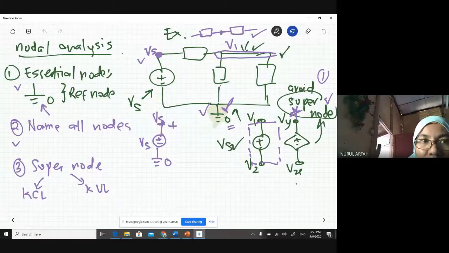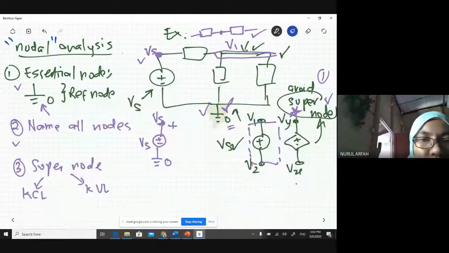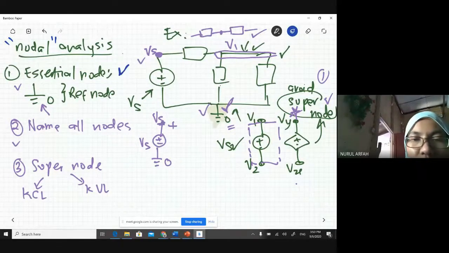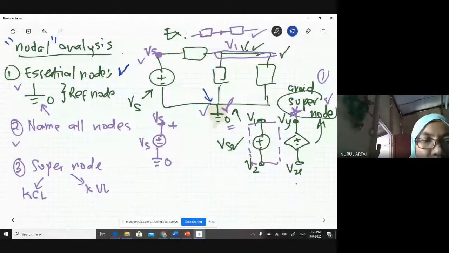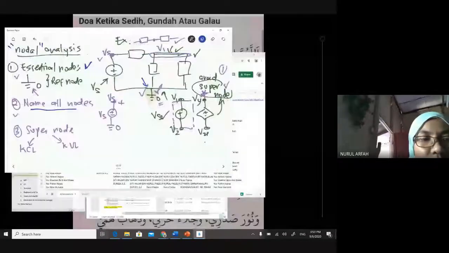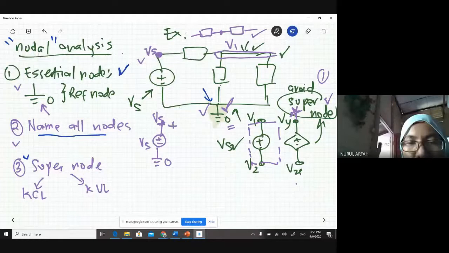In our case here, we just touched on the supernode, because this is about nodal analysis. In nodal analysis, you first figure out the essential nodes and then name the nodes, usually starting at the bottom. Third step is to check whether there is any supernode or not.